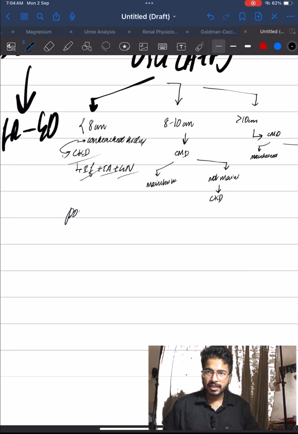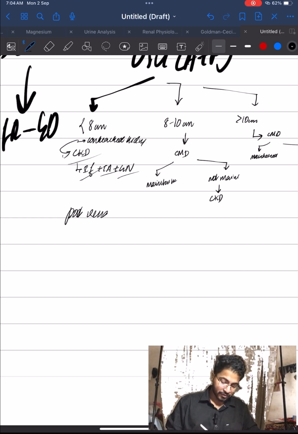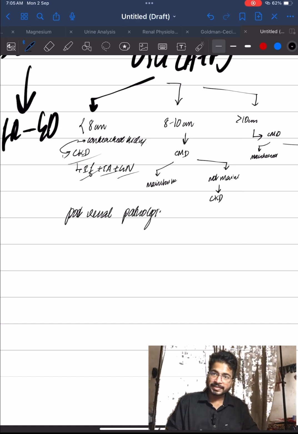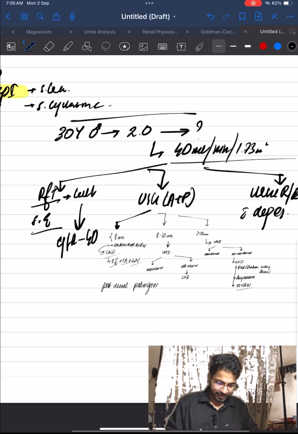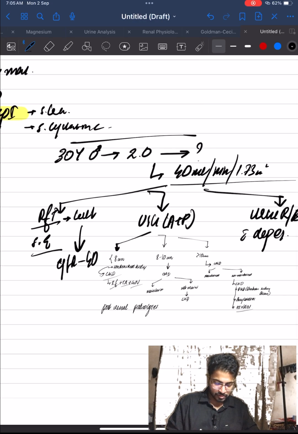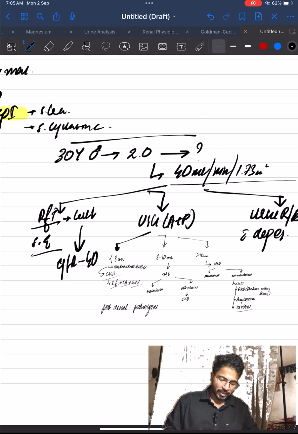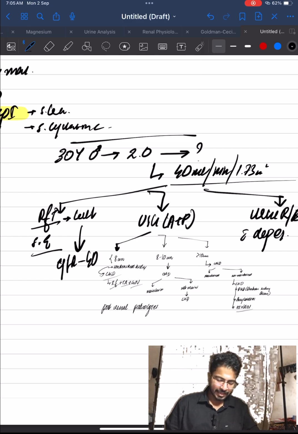Having looked at the ultrasound, one of the other big uses of ultrasound is that you can also identify post-renal or obstructive uropathy pathologies. So a 30-year-old male comes to you with a creatinine of 2.